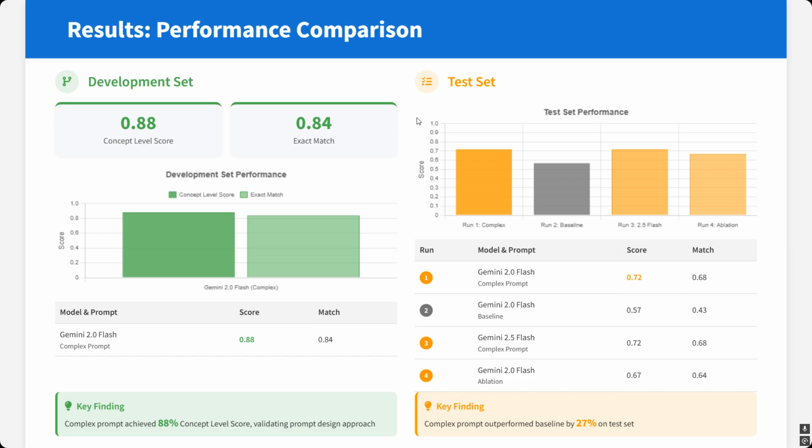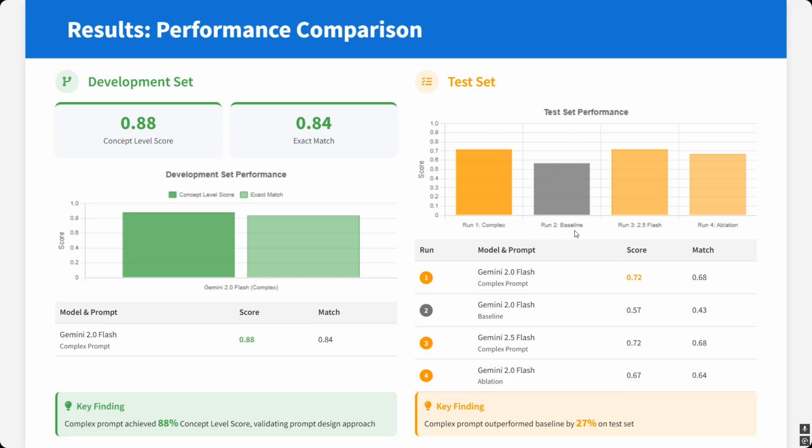Now, speaking of results, we have the development phase, which was the main phase where we developed our complex prompt, and our complex prompt achieved 88% accuracy here. But when it comes to the test dataset, our complex prompt achieved only 72, even though it is still a good accuracy result.